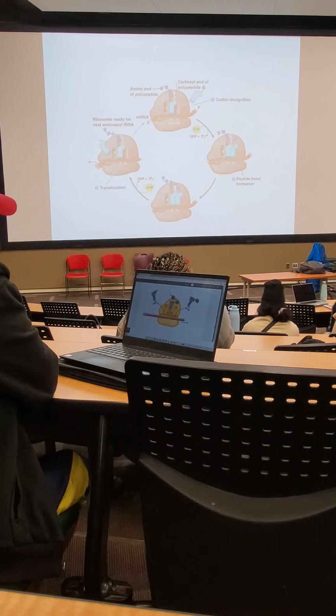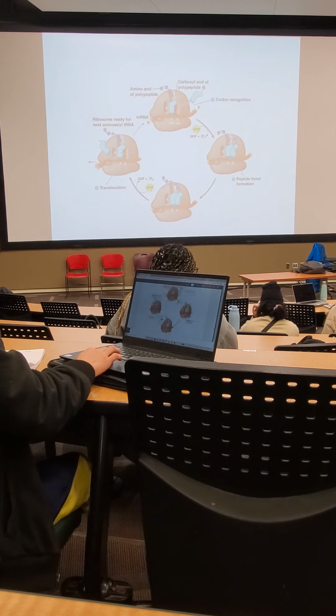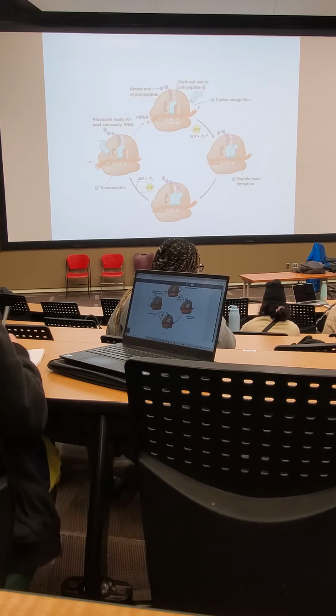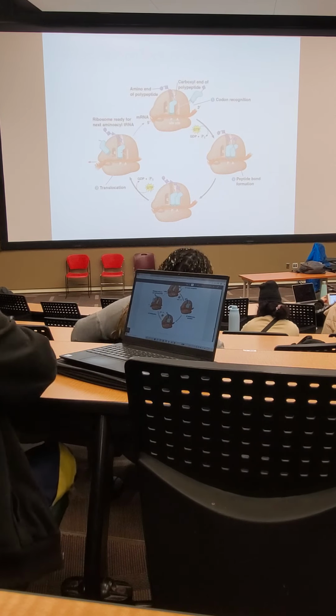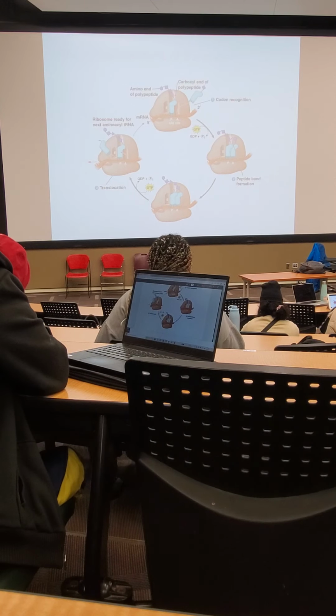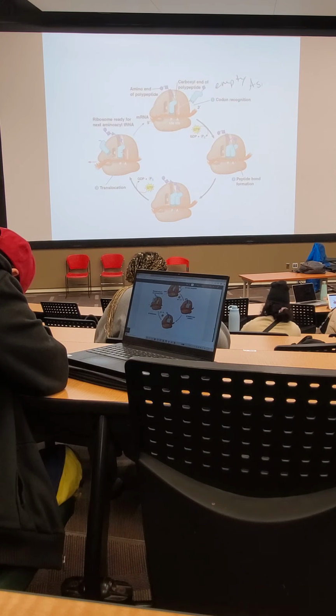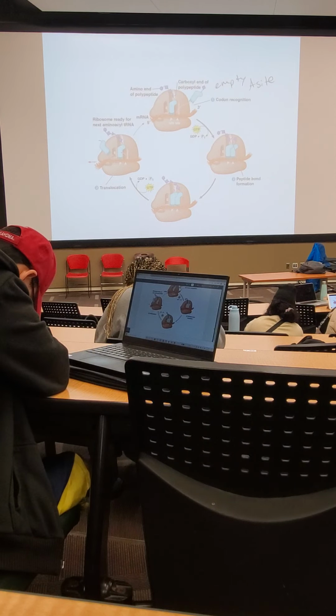So what are you responsible for at this level? I think, given a picture, you should be able to identify where you're at. Are you at initiation? Are you at elongation? Are you at termination? Which comes first, right? If there's an empty A site, that comes first, and then you have the peptide bond. So this would be number 2.